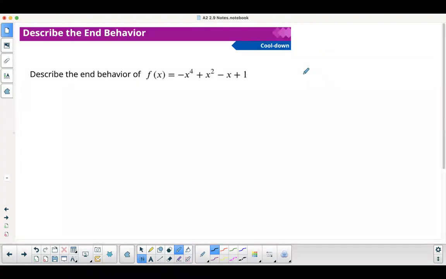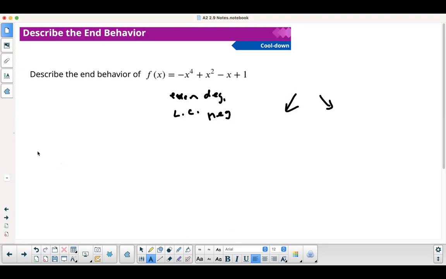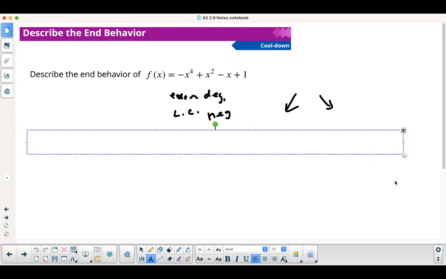Last thing here, cooldown: end behavior, even power, negative leading coefficient. So even degree, leading coefficient negative. So that's left side down, right side down. I'm going to write it the way that the book does, just to make sure that we're good at that. And I'm going to combine it into one.